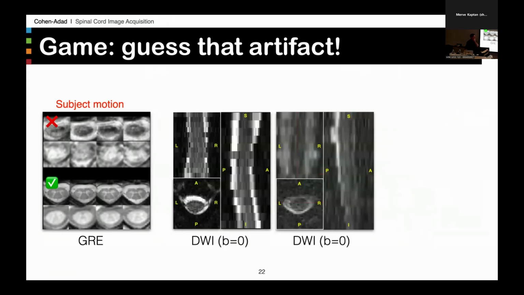So we're moving to diffusion-weighted imaging, showing you a couple of views: a coronal, sagittal, and axial view. One acquisition, one subject on the left, one on the right. Who thinks that the artifact is on the left? On the right? Yes. And what could be the problem here?